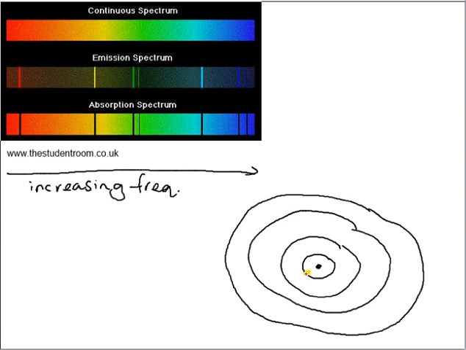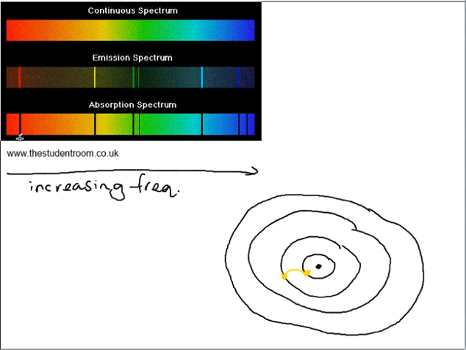When it absorbs it, it gets excited, the energy of the electron increases, and it jumps up to here. When it jumps up to here, it has absorbed, for example, this amount of frequency. Then it can jump back down, and if it jumps back down, it releases the same amount of energy that it absorbed. Therefore, that's why we see a black spot here.